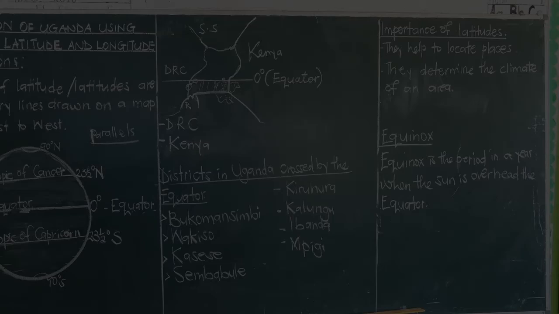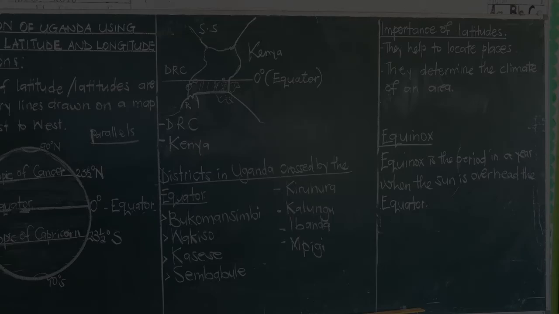We use lines of longitude to locate places. Remember, we said in the previous heading that this way of using lines of longitude and latitudes to locate places is what we call the grid reference.